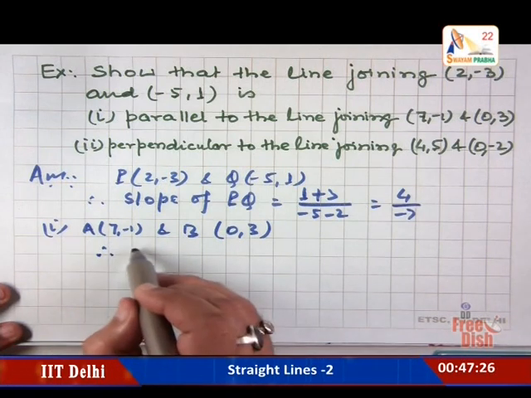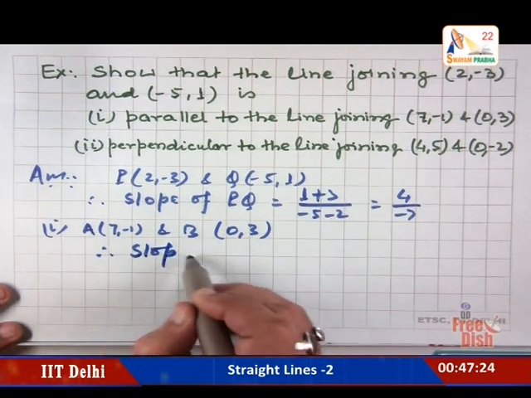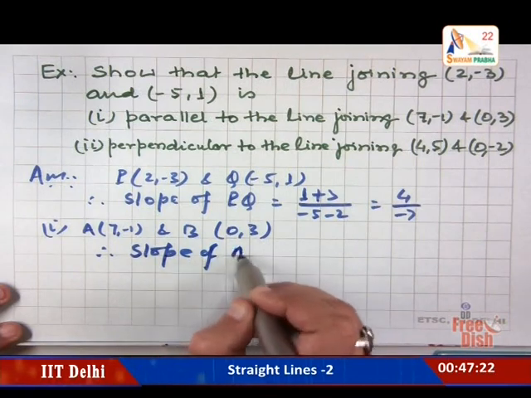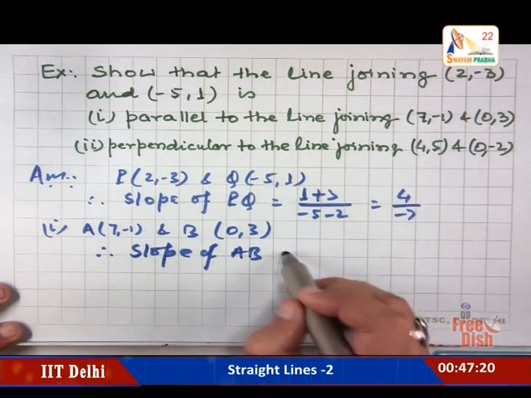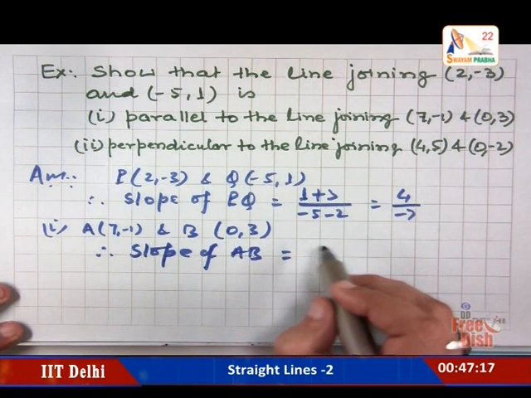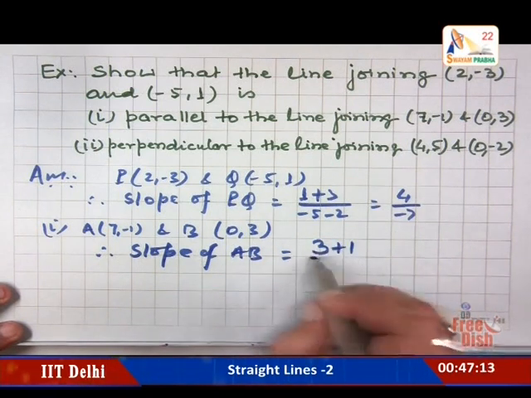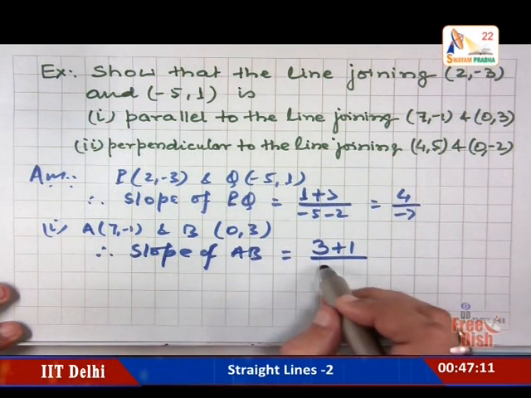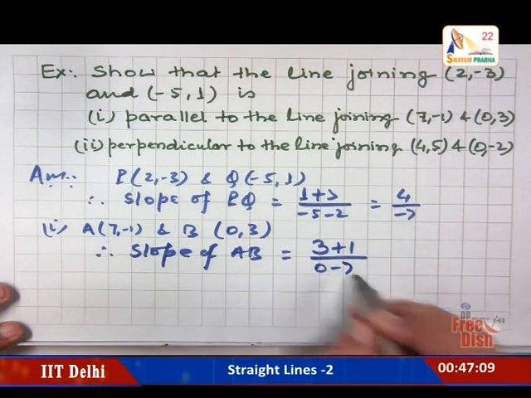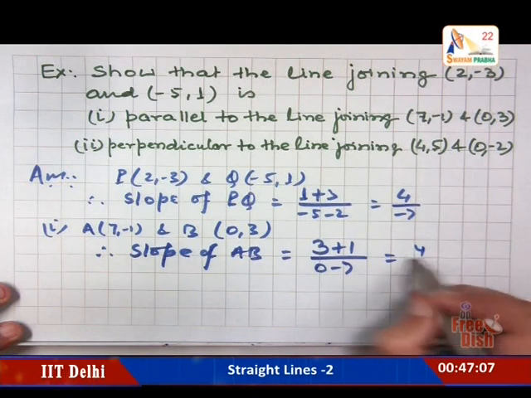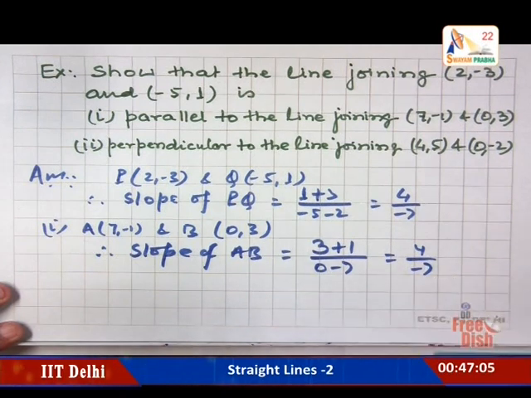So slope of AB is equal to 3 minus minus 1, means 3 plus 1, by 0 minus 7, so 4 by minus 7.